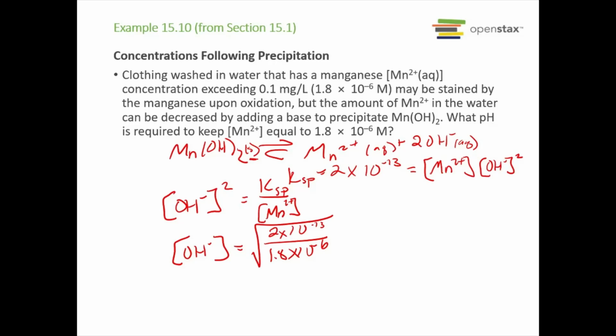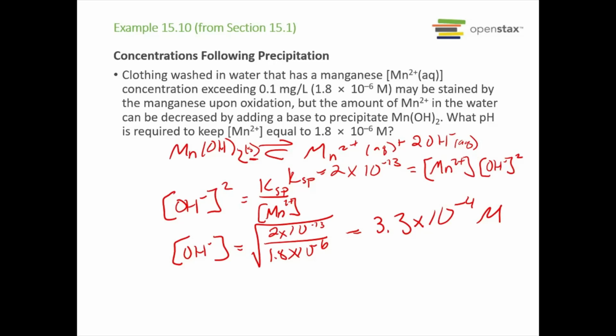And so then we get that the concentration of hydroxide is 3.3 times 10 to the negative 4th molar. So we could have gotten this far last week, but it was what happens afterwards that I wanted to wait for, because now we've got a concentration of OH, but last week we wouldn't have known what to do with it.